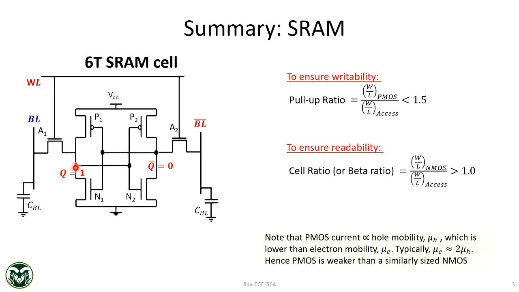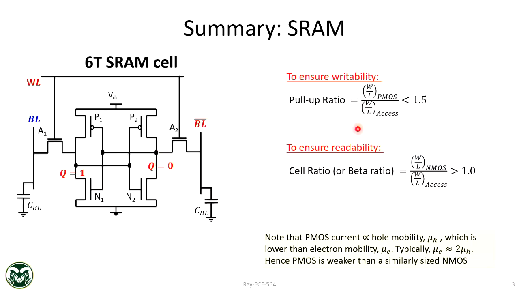So even if charge can be lost through leakage, say here leakage can happen through N1 or A1, this P1 is always on, right? So for example, Q equal to 1 means P1 is on. So P1 will replenish that lost charge. So you will never lose information as long as there is power. Okay, so that's the advantage of static RAM.